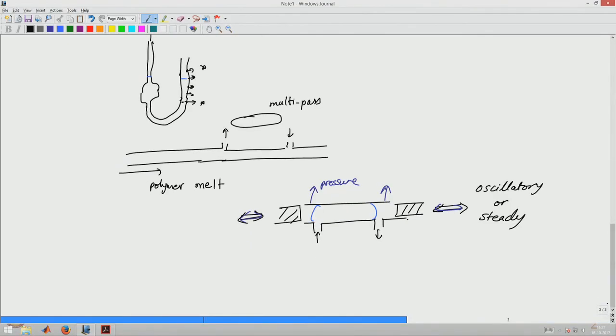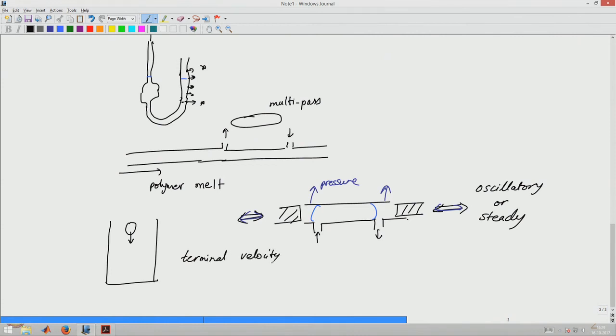There are some examples of complex flows which can be used as a measurement of rheological properties, and the first example here is the falling ball rheometer. Since we know the solution to Stokes law, we know what the terminal settling velocity of a marble or any other spherical object is.